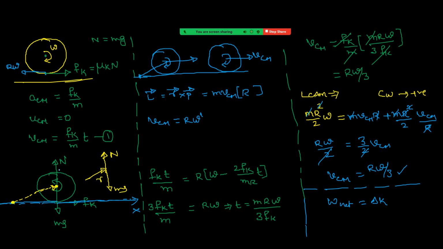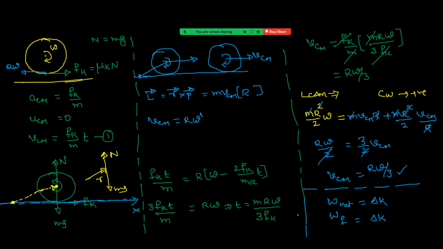Because of normal reaction, no work is done, right? Because of gravity, no work is done. Now work is done only by frictional force. That means by friction, work done is equal to delta K, right? So like this, we can calculate work done by frictional force until rolling starts.